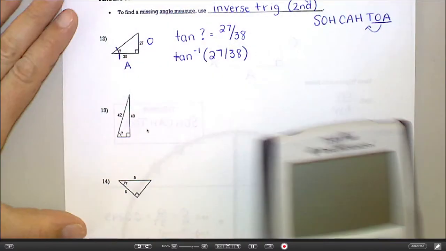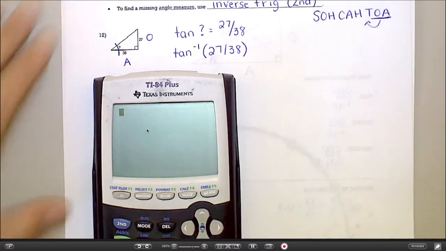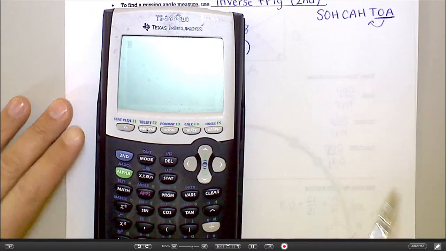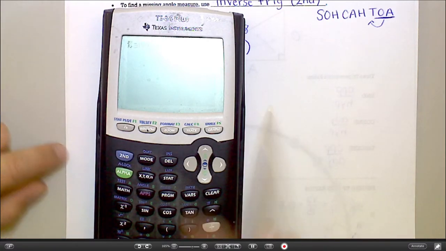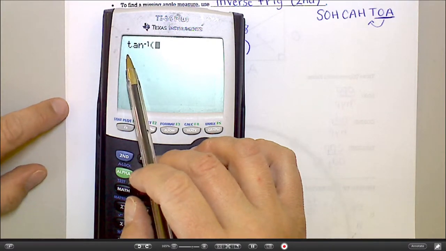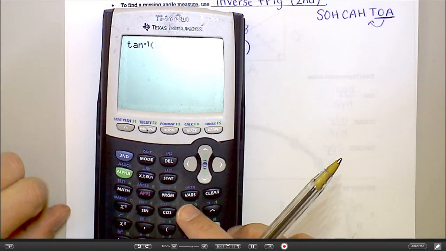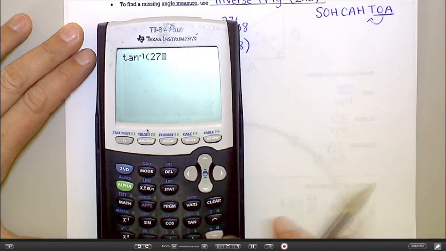And this is where that second thing comes in. If you hit the second button, see the second button up here? If you hit second and then the tangent button, do you see that you get that tan -1? So I did second tan, and then I'm going to type in 27 divided by 38.